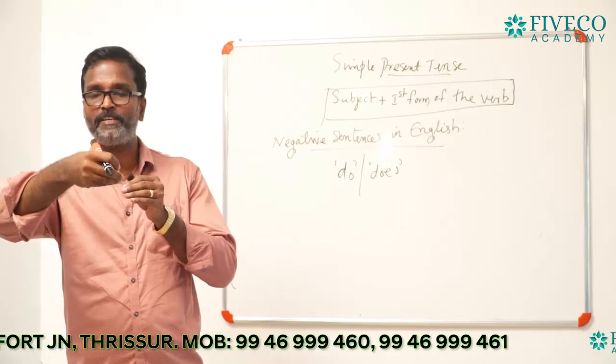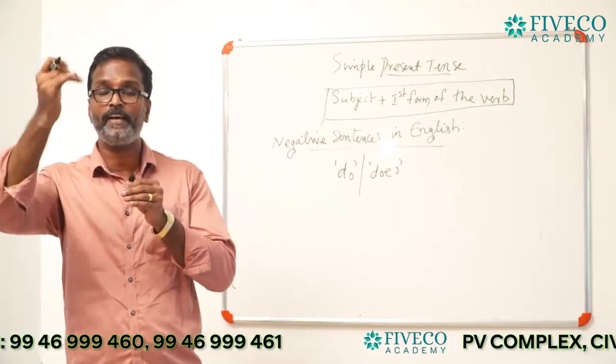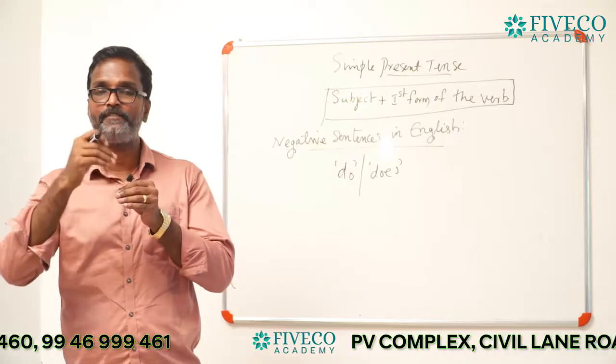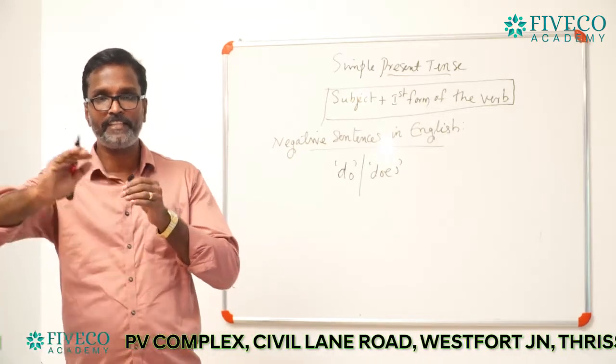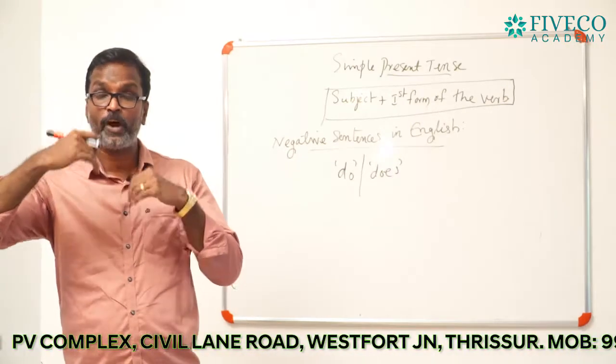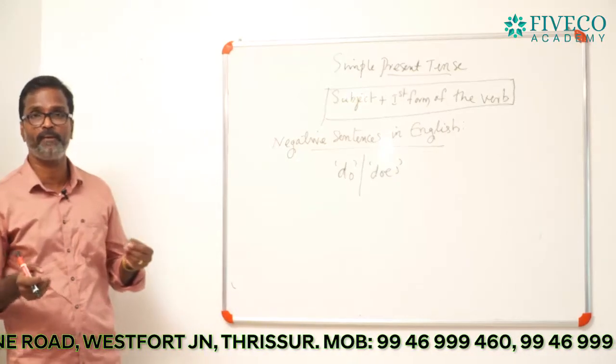A singular subject will receive a singular verb. That condition is already recorded in our brain. The plural subject will receive a plural verb. That is also recorded. So everything is coming out without our knowing how this function is going on in our brain.